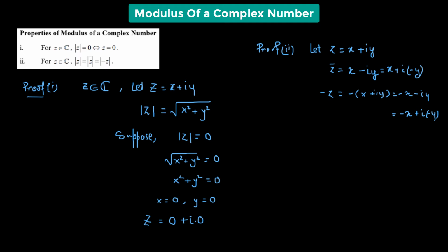Now we try to find the absolute value of each complex number. For the first one, the absolute value of z is equal to the square root of x squared plus y squared. Then the absolute value of the conjugate would be the square root of x squared plus negative y squared, and that also gives us x squared plus positive y squared.